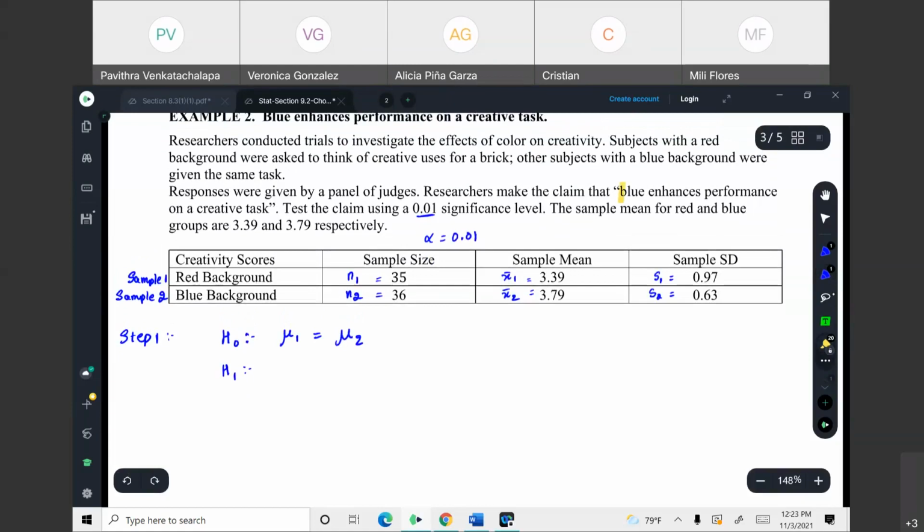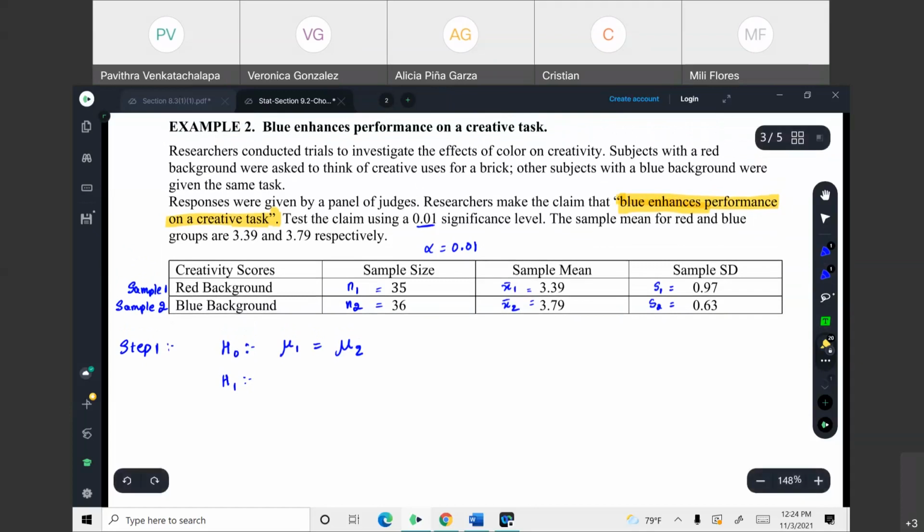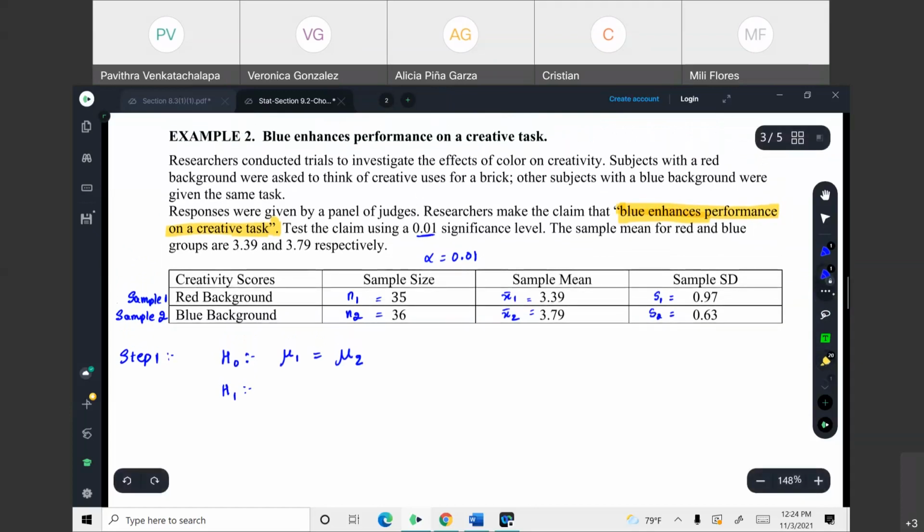A claim that blue enhances performance on a creative task. Now you have to decide whether it is greater than or less than, but you do not have mu1 or population value, but the claim says blue enhances performance on a creative task compared to red.